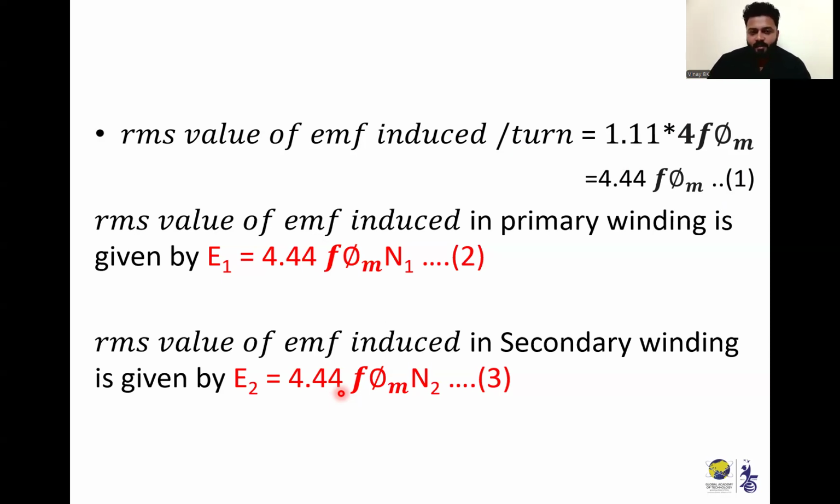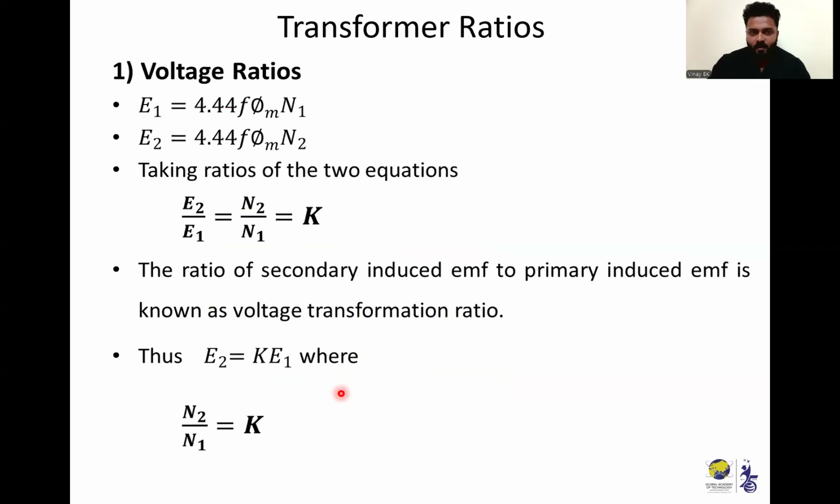Coming back to the basics, transformer ratios and voltage ratios: we know E1 and E2, just derived, are 4.44 f phi m N1 and 4.44 f phi m N2. For an ideal transformer, you divide E2 by E1 and get E2 by E1 equals 4.44 f phi m N2 over 4.44 f phi m N1. The 4.44 f phi m gets cancelled, so E2 by E1 equals N2 by N1.